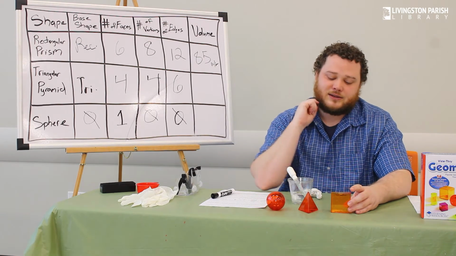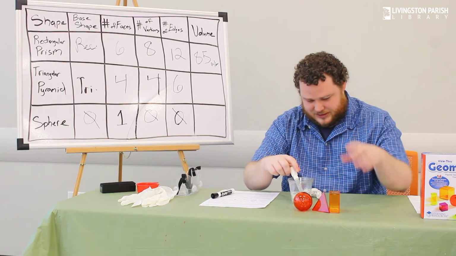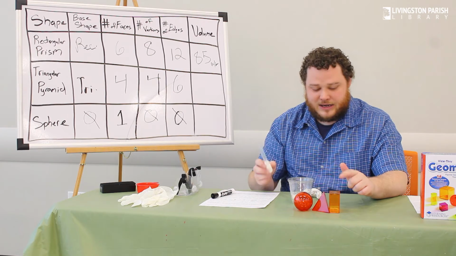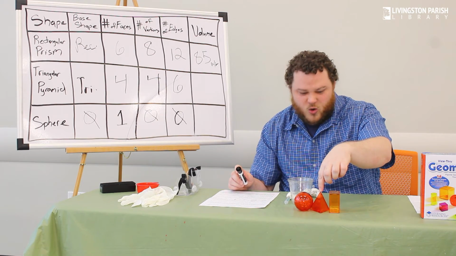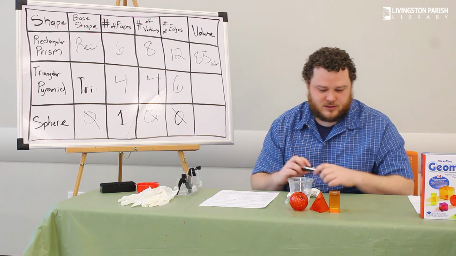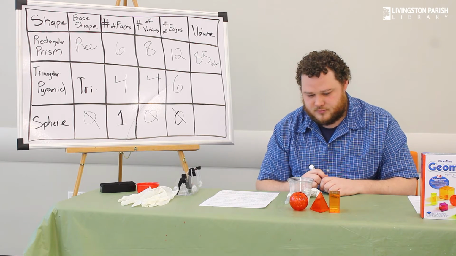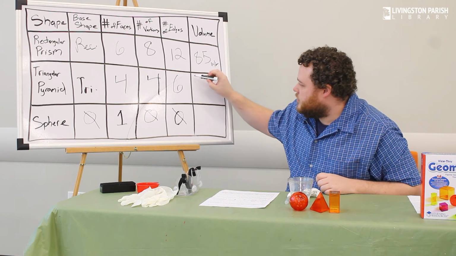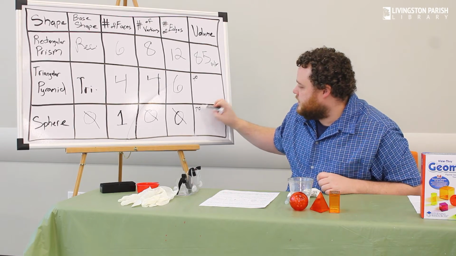I'm going to guess, let's see, if this is 85, I'm going to guess 40 and 70. So I'll put my little 40 and my little 70.